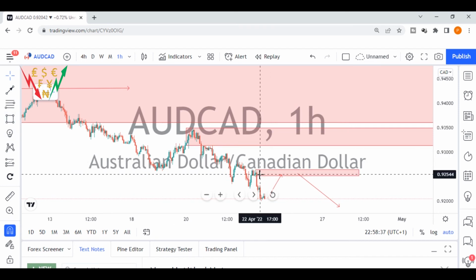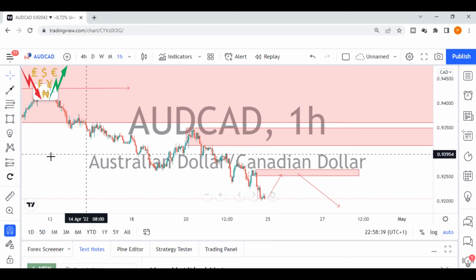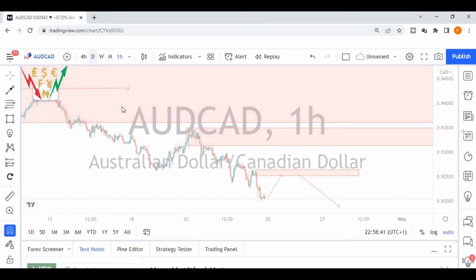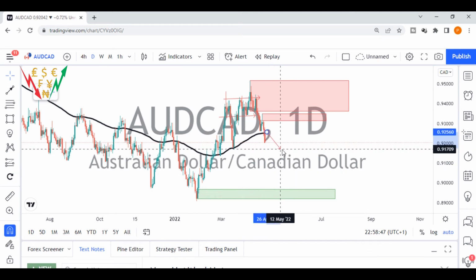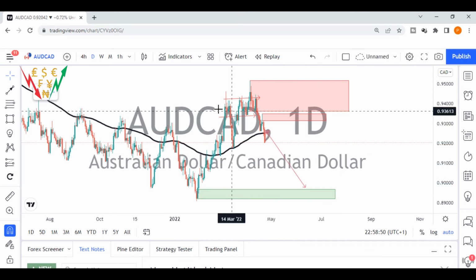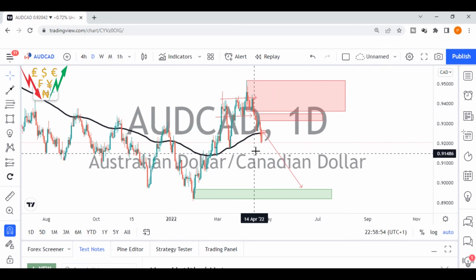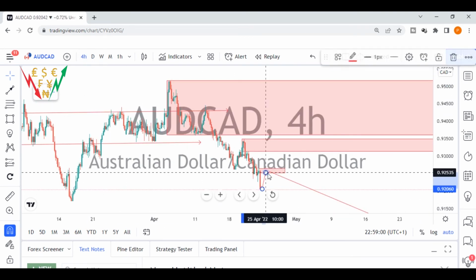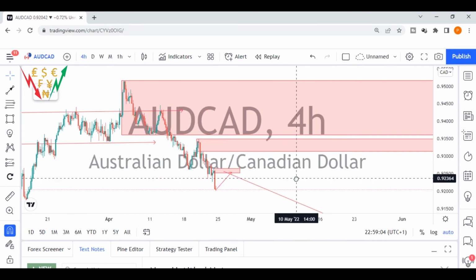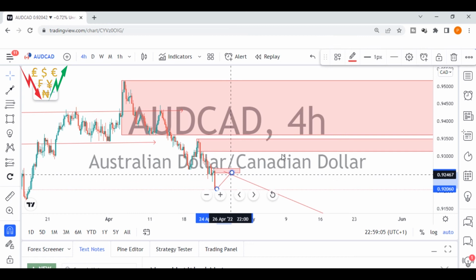So if the price holds around here, I want to see a further move to the downside from the zone. So let's see. I expect some kind of move like this. But guys, it doesn't have to be this perfect. Remember, price can actually stall around this area before finding its way to the downside.